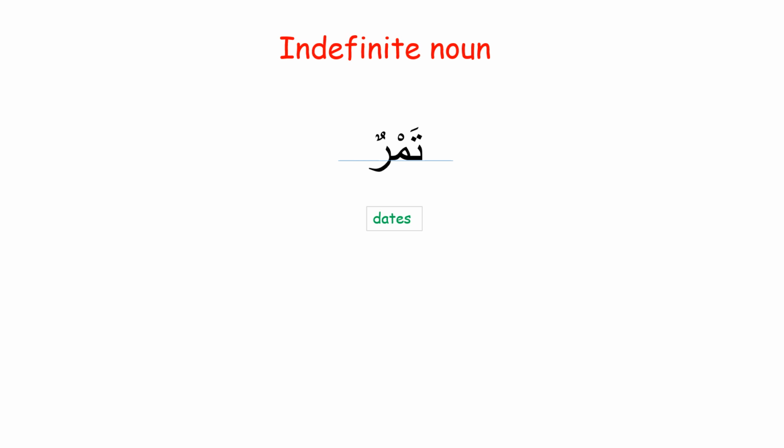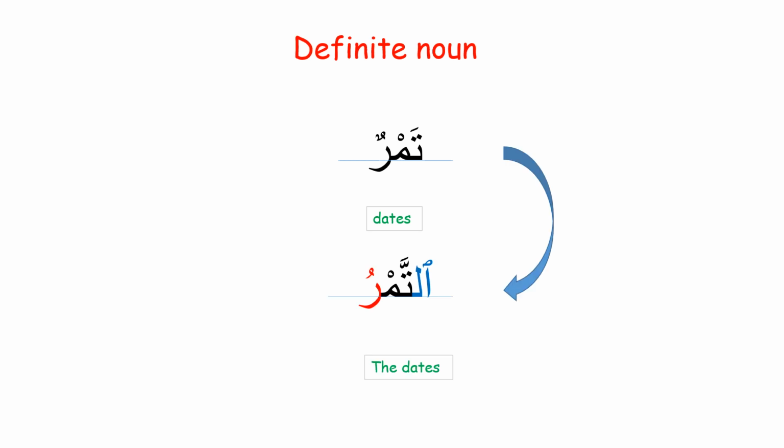So here we have the word tamrun. One more time. Tamrun. Let's apply the 3 steps and transform it into a definite noun. As usual, we should add the definite article as a prefix, cancel the tanween at the end, put a shadda on top of the first letter coming right after the definite article, and discard the sukoon usually written on top of the letter lam.